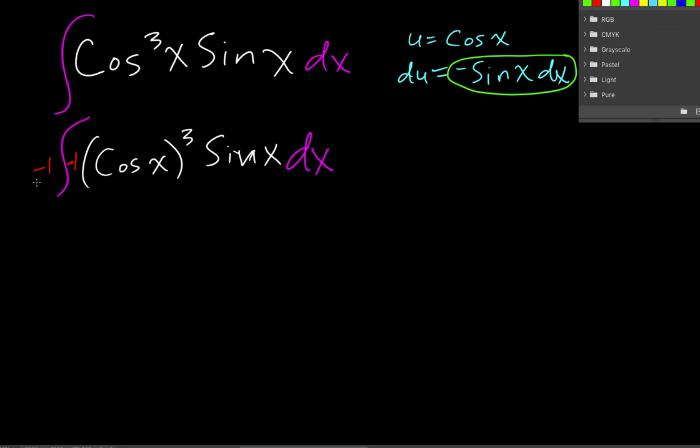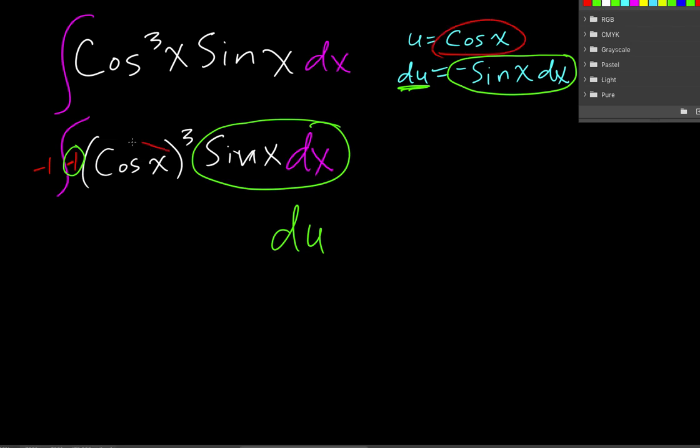Now, because -1 times -1 is just 1, it doesn't change the value. So I have sine x dx, and I have a -1. So all of those become my du. Now, I just need to find cosine, and that's my u. So that's u.